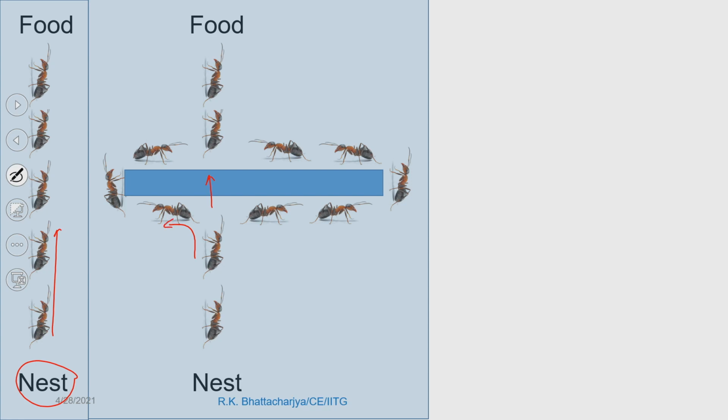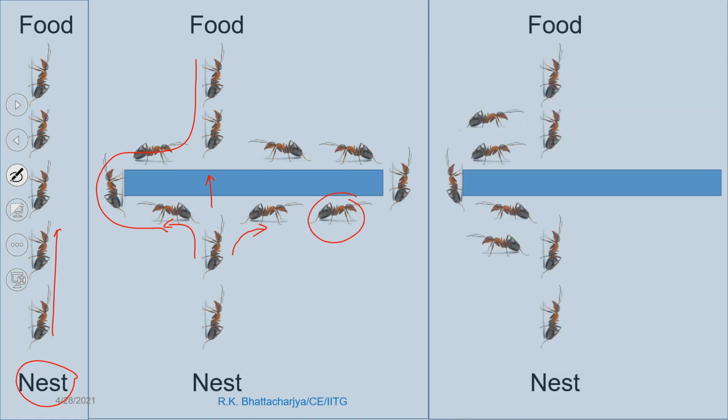So, some ants will move in this direction, some will move in this direction, and you will see that after some time, because this is the shortest distance, no one is on this side, and everybody is moving on this route, because that is the shortest distance.